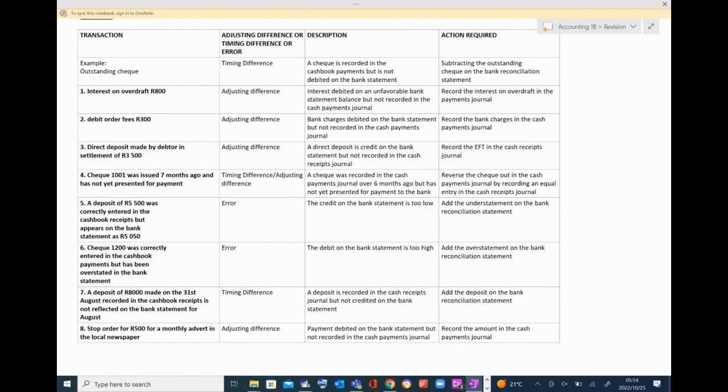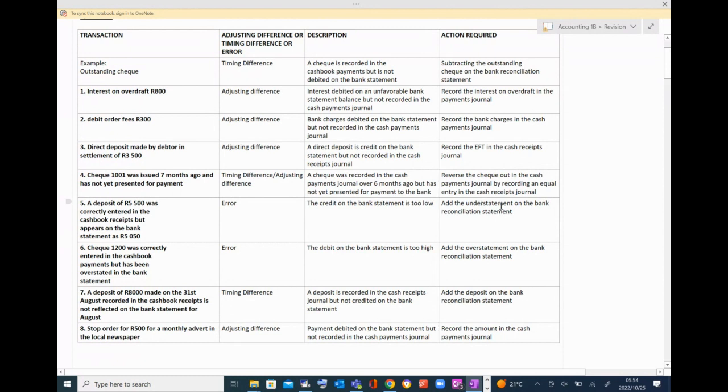Otherwise, you can't answer this. This is how we're testing bank reconciliation. These are basically all the scenarios that you typically could get in a bank record that would result in your bank statement balance and your bank account in the business not being the same. And then obviously they're asking, what should we then do? What's the action that we need to carry out? So that's your question 1. You guys can go through that in your time.